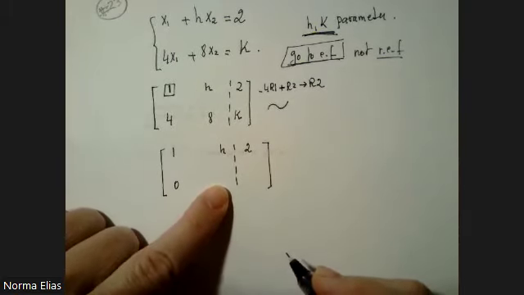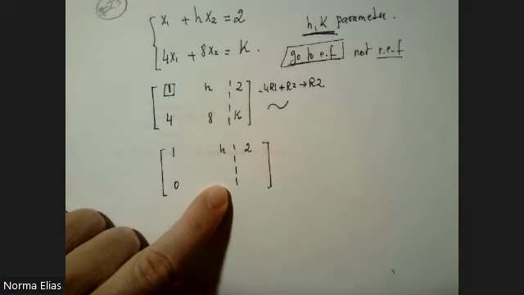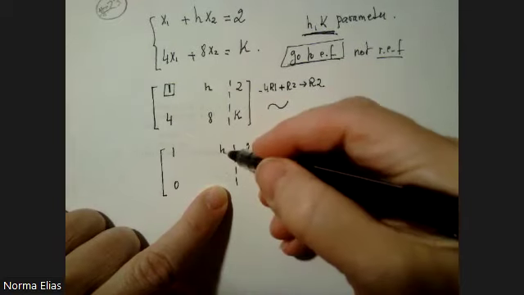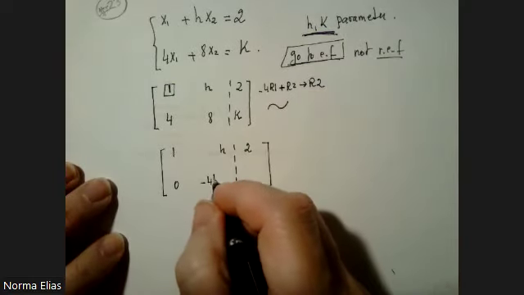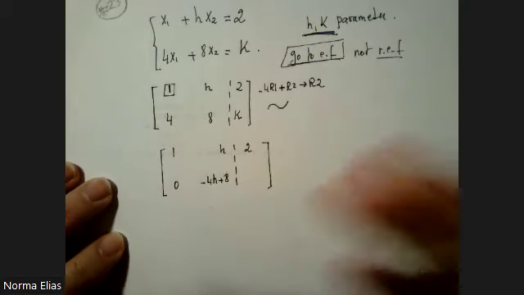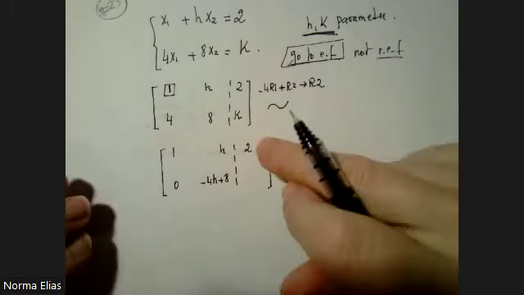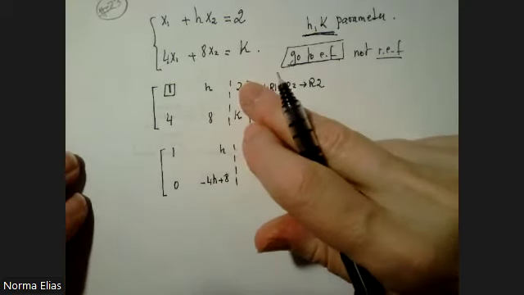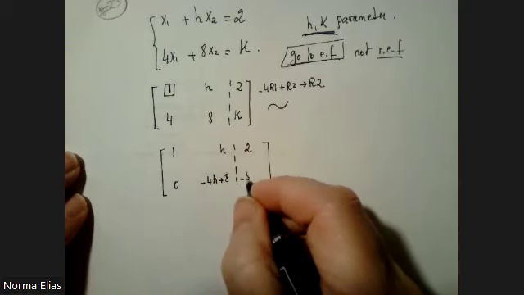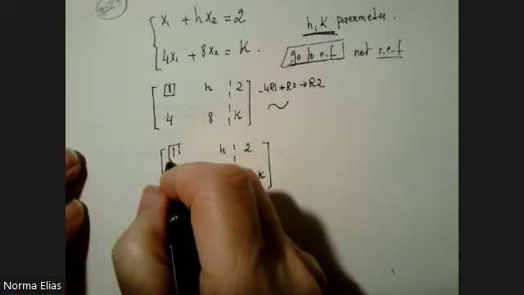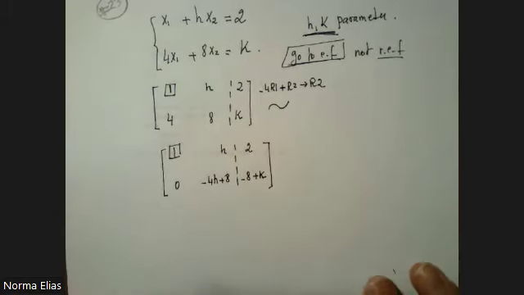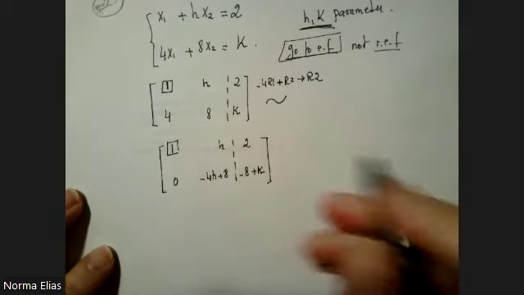What should I have down here? h, you treat it as a number, nothing more, nothing less. I multiply h by -4, so this gives me -4h plus 8. And here I multiply 2 by 4, so it's going to give me -8 plus k. So this is a 1, and this is -4h plus 8. So this is in echelon form.